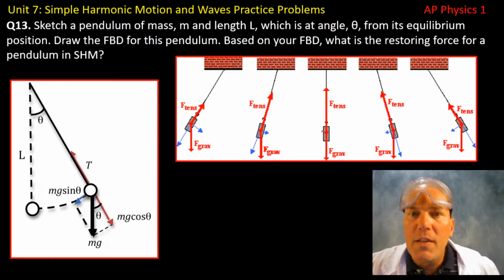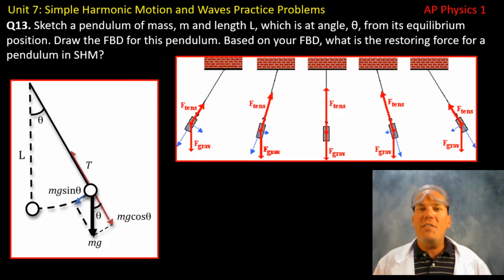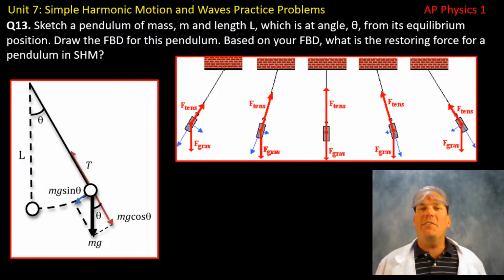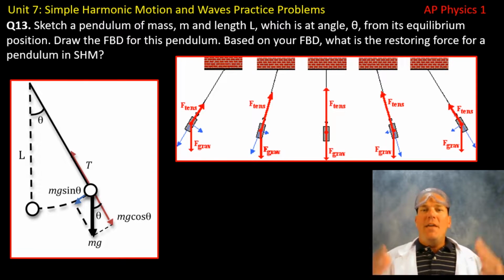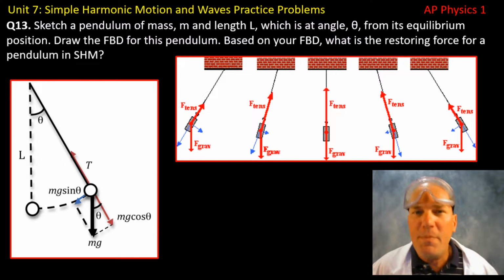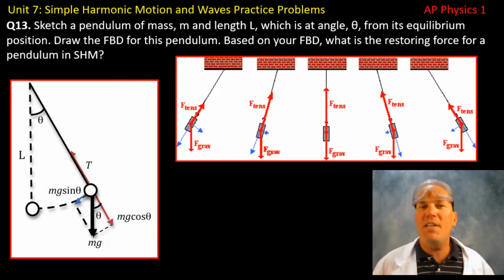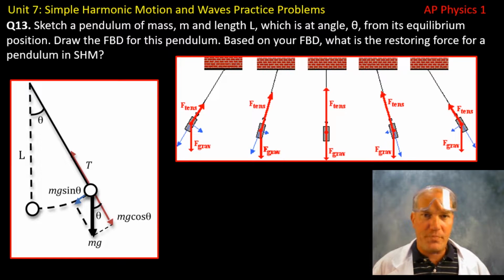Now notice the restoring force is 0 at equilibrium, just as we've explored in spring block oscillators. At this instant, the object, the plumb bob, is moving with its greatest speed because all of that gravitational potential energy has been converted into kinetic energy.